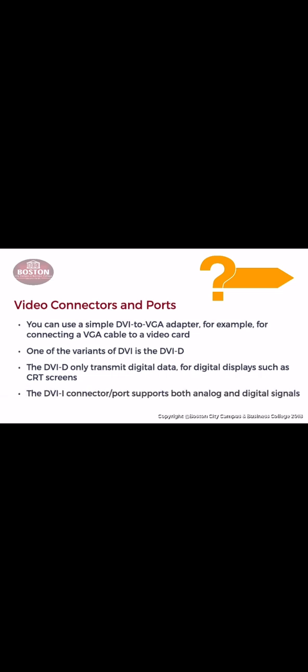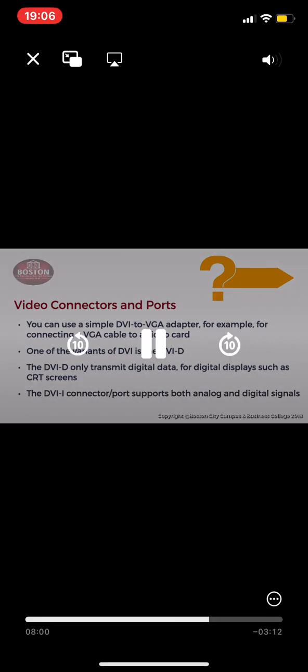The DVI-I connector or port supports both analog and digital signals. The advantage to DVI-I is that you can add a cheap DVI-I to VGA adapter, one usually comes with a video card, and connect an analog monitor just fine.